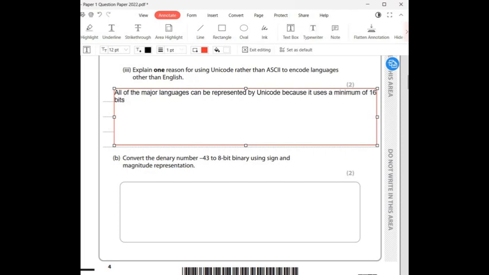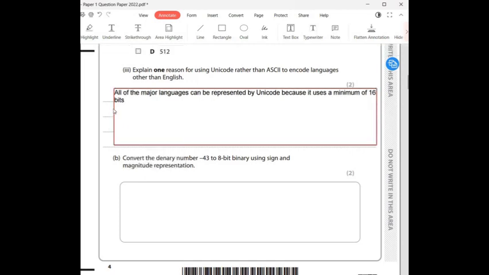That's literally it for 2 marks. You could also have Unicode can represent all the characters in any language, whereas ASCII can only represent English, Latin, and 128 characters, which isn't enough characters. Or we could say Unicode can represent all characters because it uses 16 bits. Done. So that's literally it there.